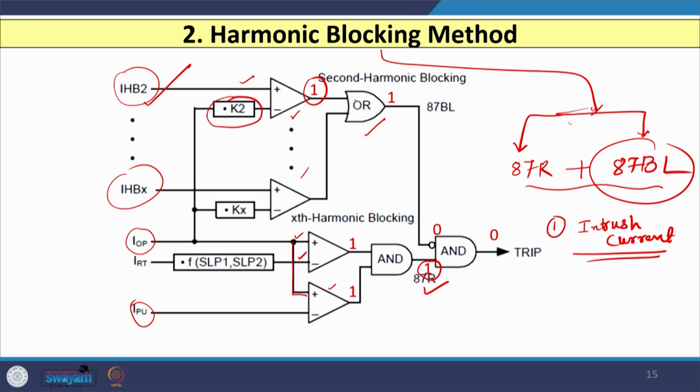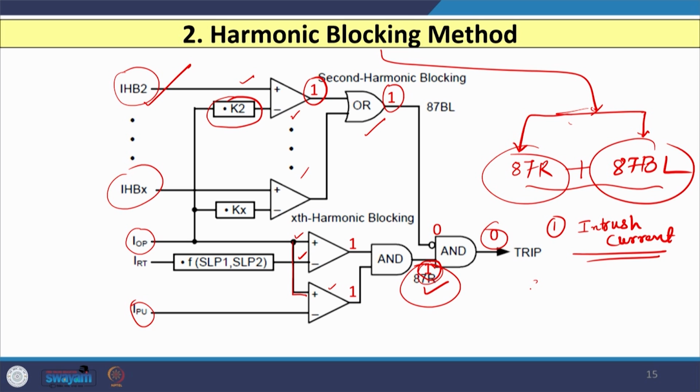For anything given to the OR gate, if any value is 1, the output is 1, and that is connected to a NOT gate, so you will have the 0 logic. So, even though the lower logic given by 87R is also 1, because we know that in case of inrush the magnitude of current is 5 to 6 times, the AND gate output is 0, so no tripping command is initiated.